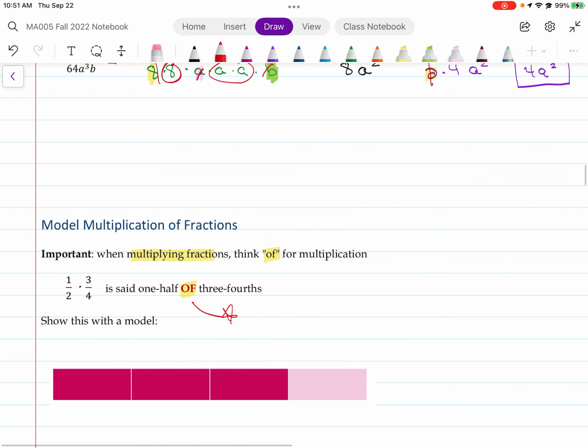So here we've got 3/4, right? So 3/4 is showing in the picture. So how would we take 1/2 of that? So my 3/4 is this portion right here, right? So how would I take 1/2 of that? Well, I would split it in half, right? So 1/2 of 3/4 is just going to be this part down here.